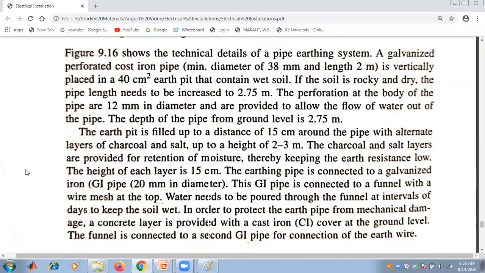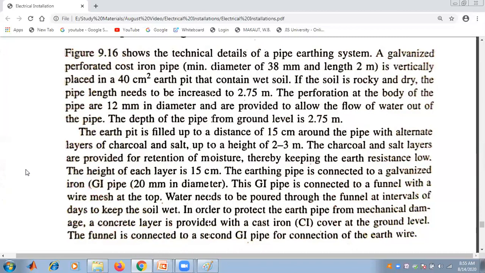So this is the general conception of pipe earthing, and the earth pit is half filled with a mixture of wood, coal powder, sand, and salt. This is the conception of the earth pit.